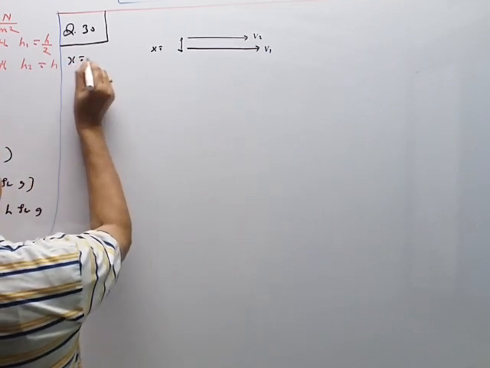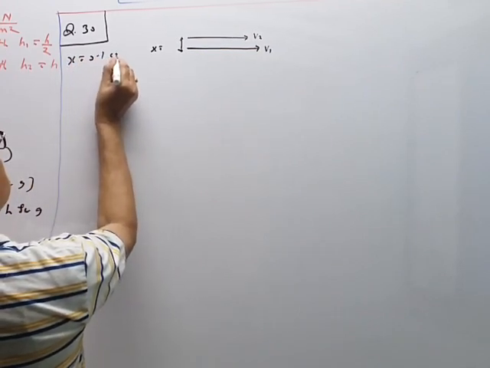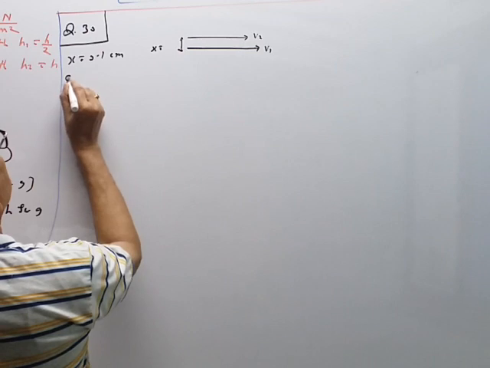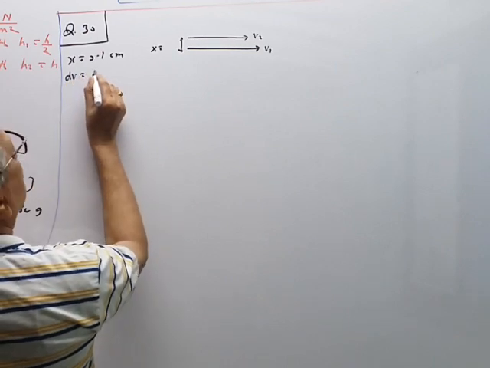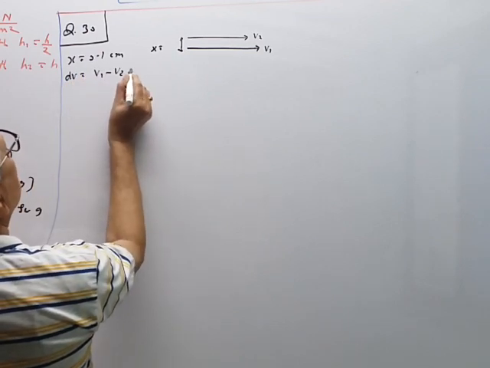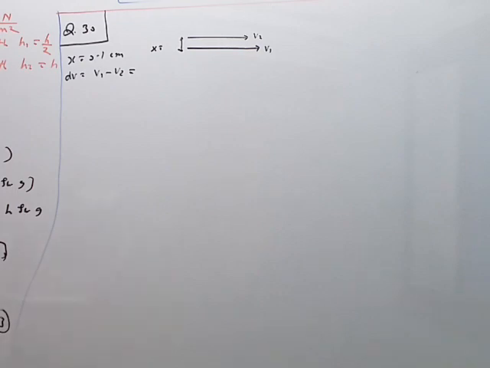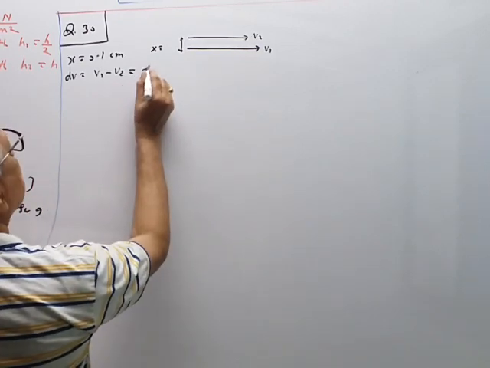So x is equal to 0.1 centimeter. dv is equal to v1 minus v2, the relative velocity difference between them, which is 8 centimeters per second.